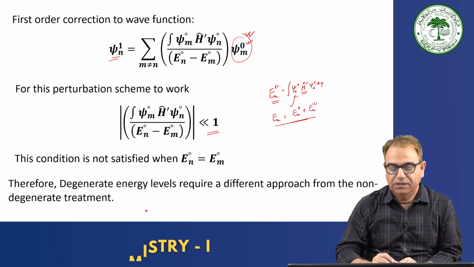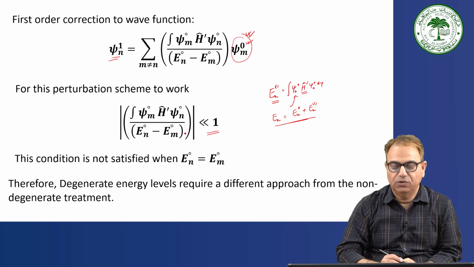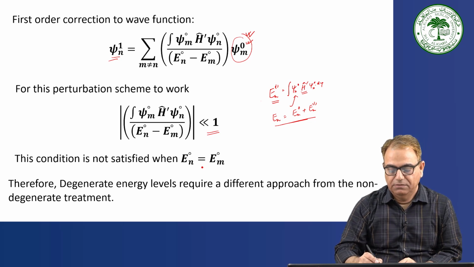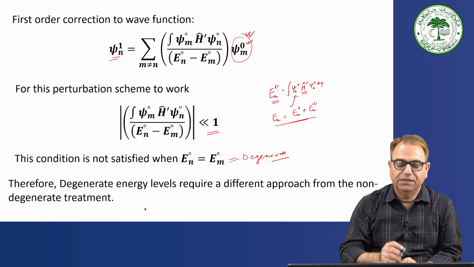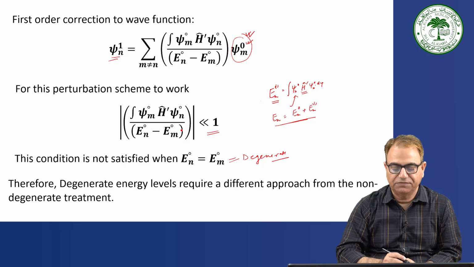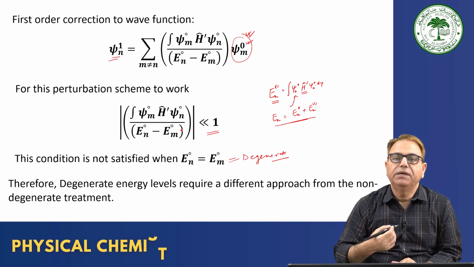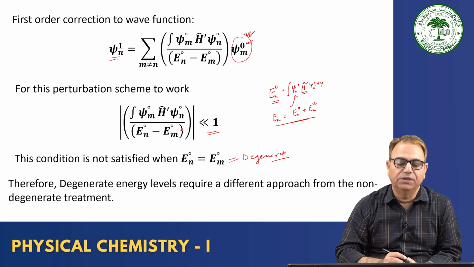Now this condition is not satisfied when En naught is equal to Em naught. What does it mean? It means we are talking about a degenerate system. So if it is a degenerate system, then the condition of this being very small is not satisfied, and we say we need a new approach, a different approach for doing this.